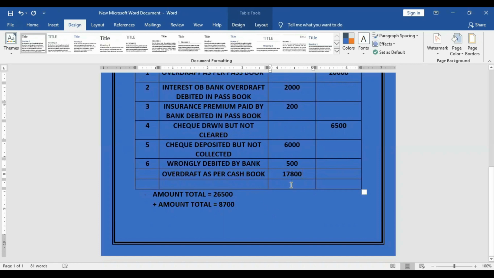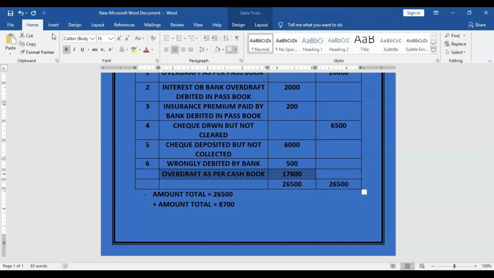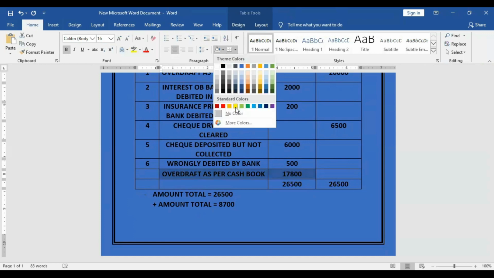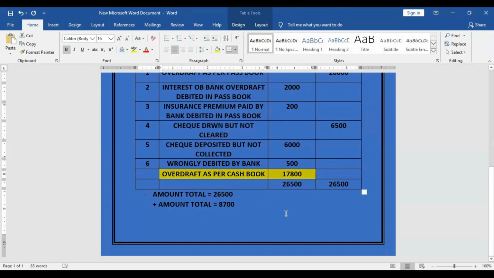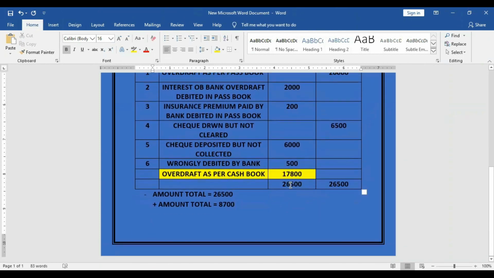The total column is 26,500. The answer is overdraft as per cash book. Since we started as per passbook, overdraft as per cash book is 17,800.